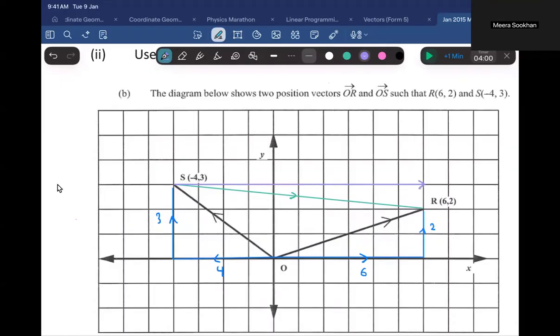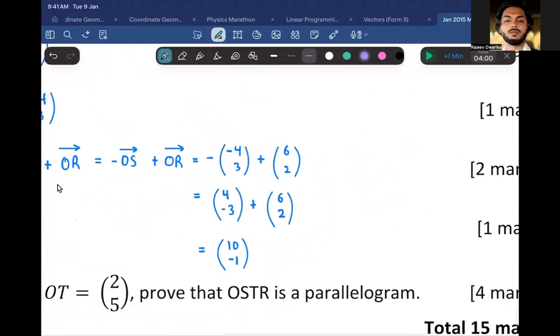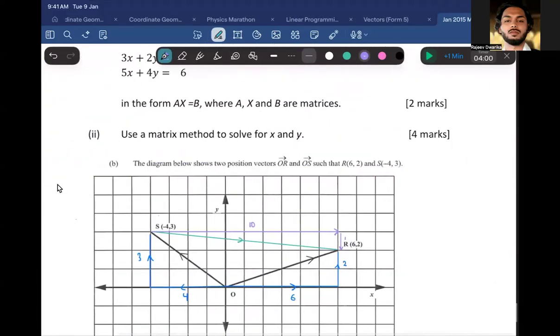To the right. And then I would have to move how many spaces down? One space down. So that would simply be 1, 2, 3, 4, 5, 6, 7, 8, 9, 10, and then one space down. So 10 minus 1, the same answer, right?